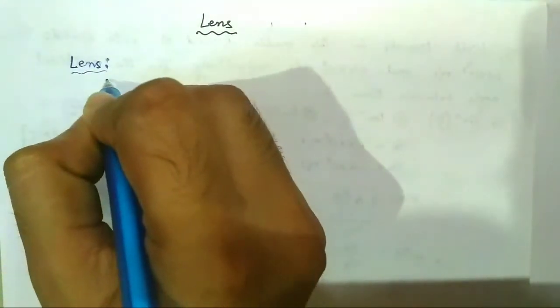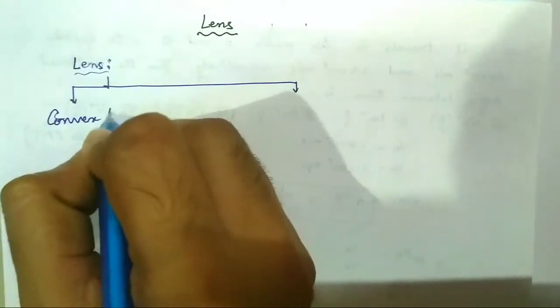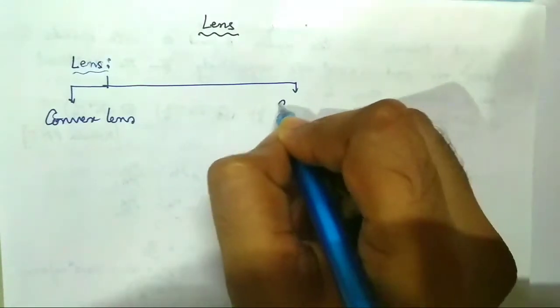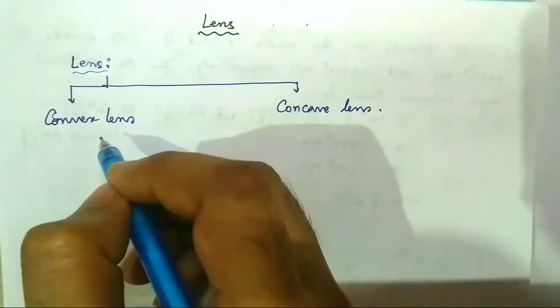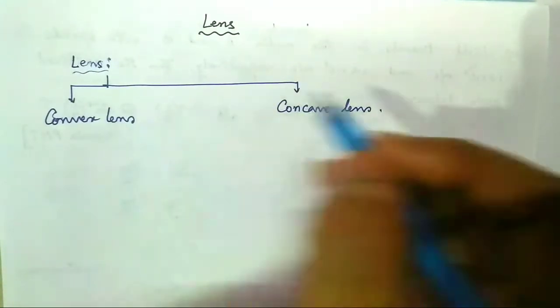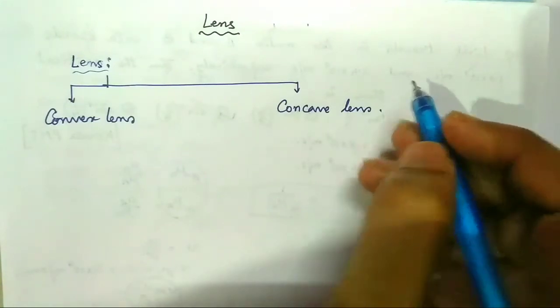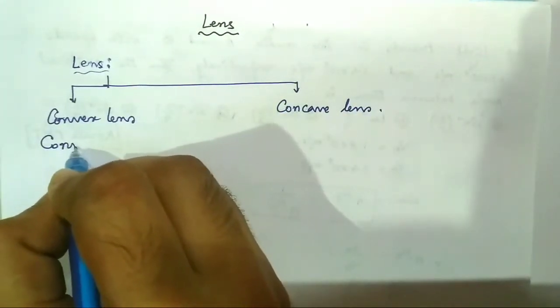Lens is mainly of two types. One is convex lens and the other is concave lens. A convex lens converges the incident rays and a concave lens diverges the incident rays.